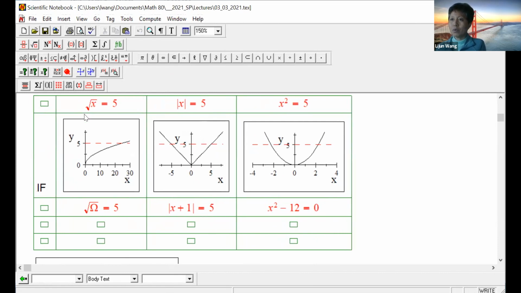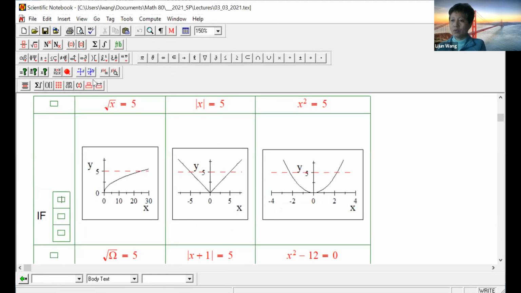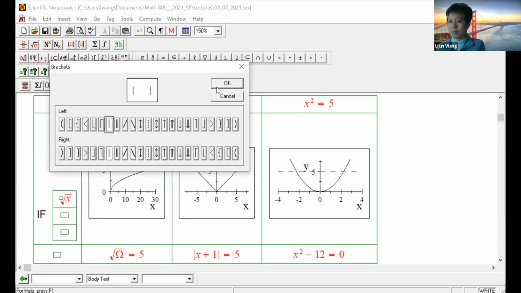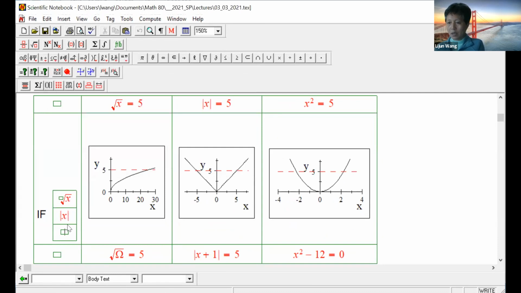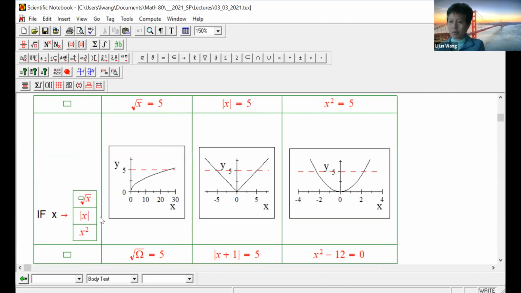Okay, whatever the rule, your rule could be square root of x, it could be absolute value of x, it could be x squared, it doesn't matter what the rule. You have input and you have output.